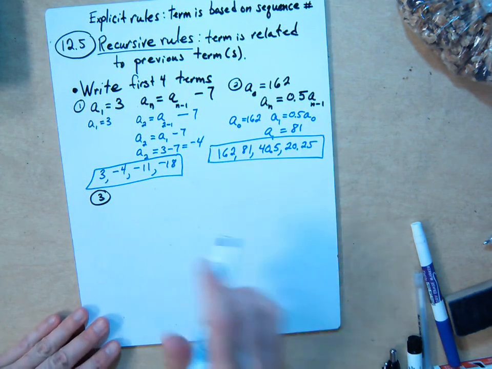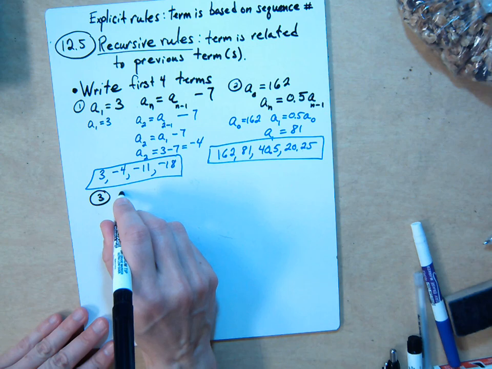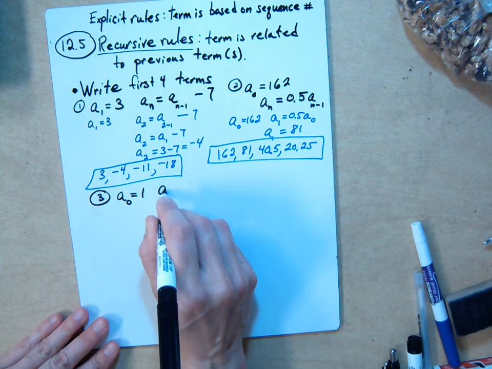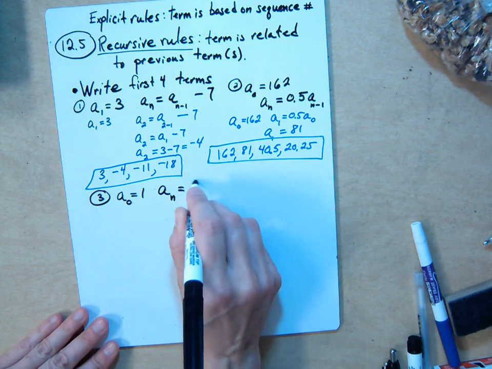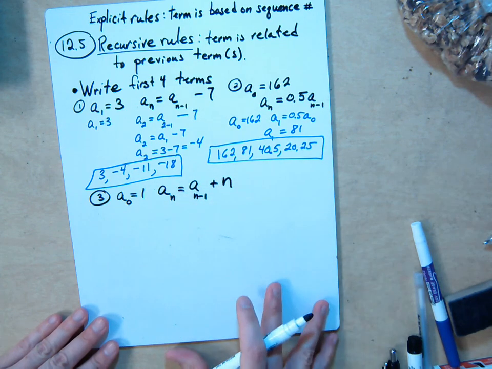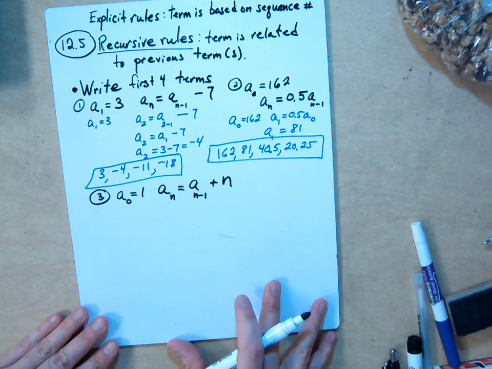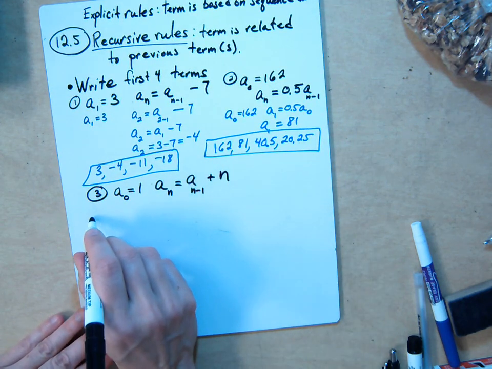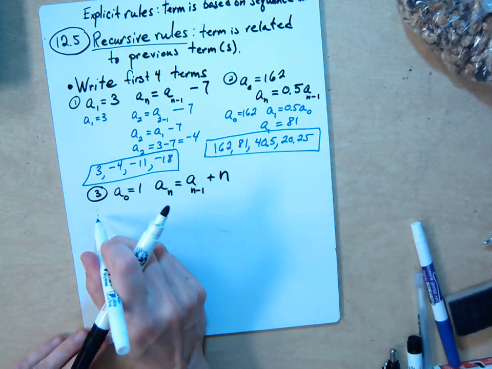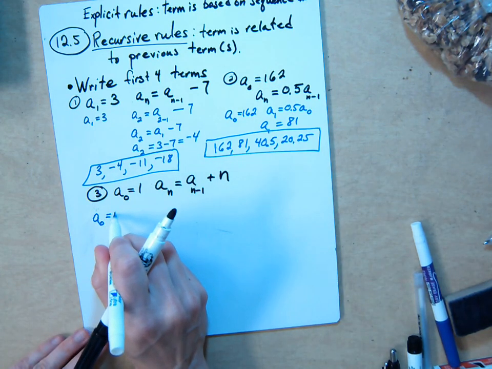So number 3, this will look a little different. a sub 0 equals 1, and a sub n equals a sub n minus 1 plus n. That's our rule. So we know a sub 0, the first term, is 1.